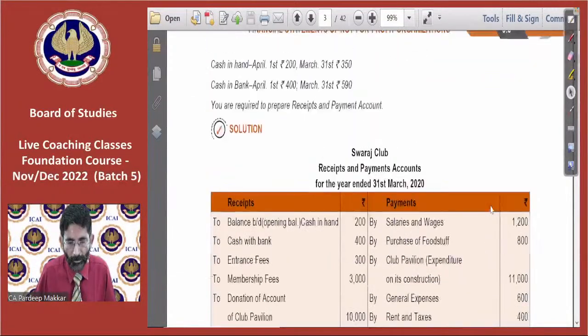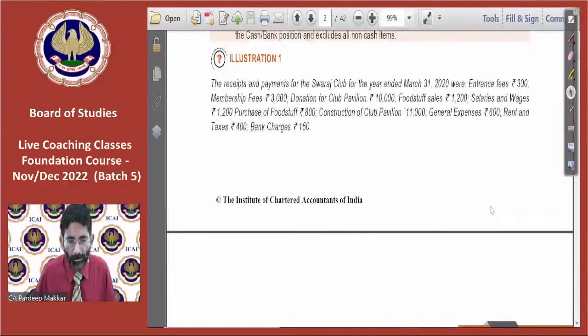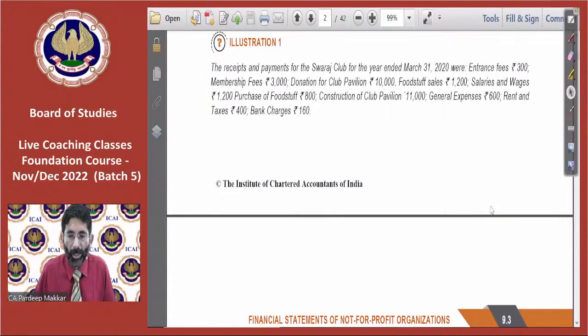See illustration number 1 and ask me if there is any query. See the question as well as the solution both. Now it's your duty.